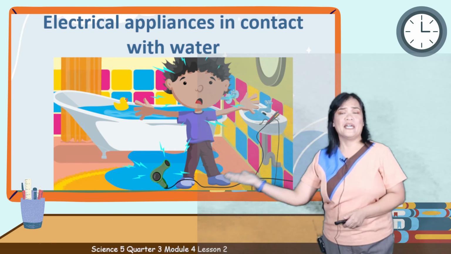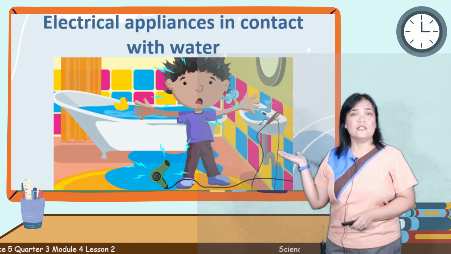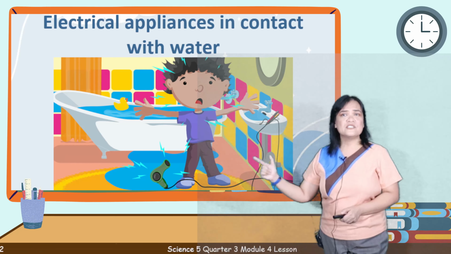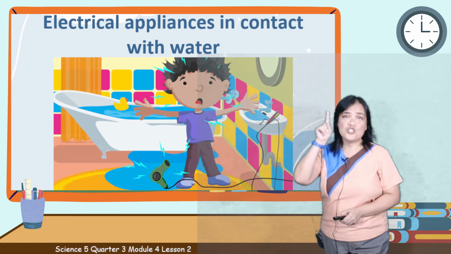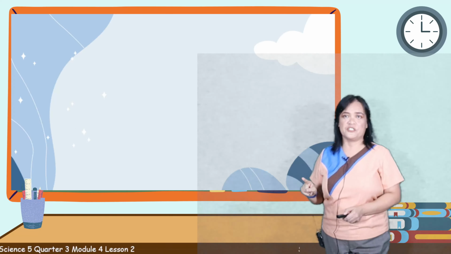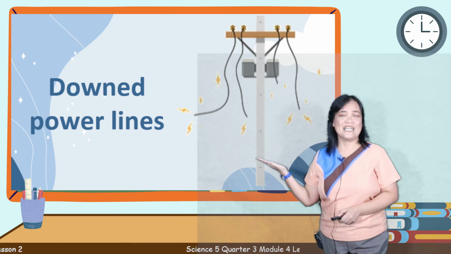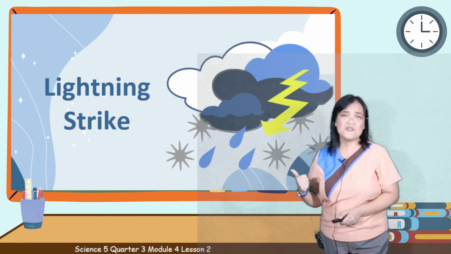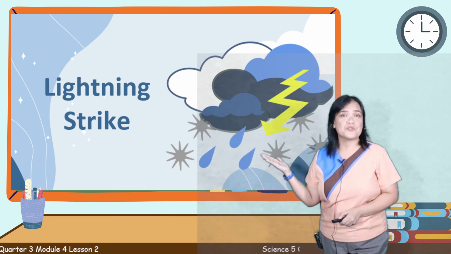Oh, there's a hair dryer there, inside the bathroom. So, electrical appliances in contact with water, a short circuit may occur. Next, down power lines. The next one, lightning strike. Okay, so a short circuit may also occur.